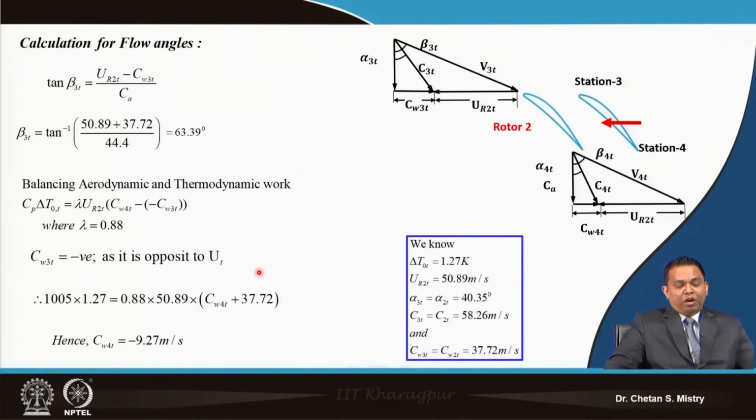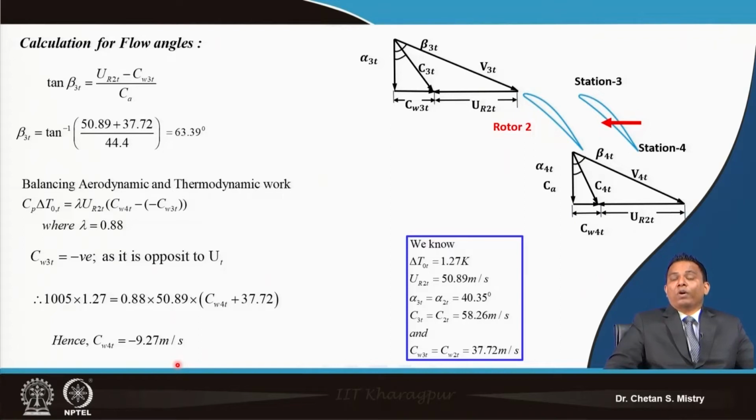Okay. Now based on all this calculation, later we will be calculating our blade angles or relative flow angles. So my beta 3 at the tip is coming 63.39. Okay. And when we compare our aerodynamic and thermodynamic work, that helps us calculate my CW4 at the tip region, and that is coming minus 9.26 meter per second.